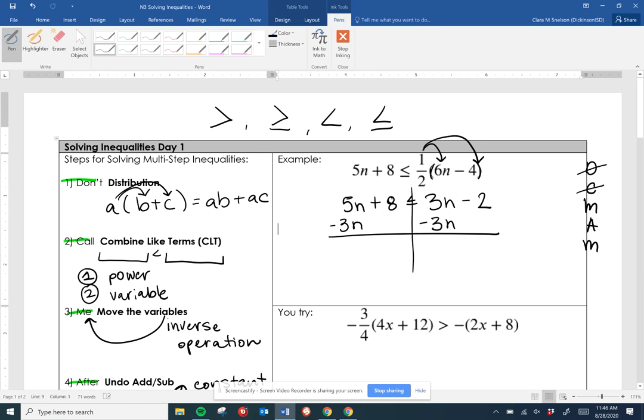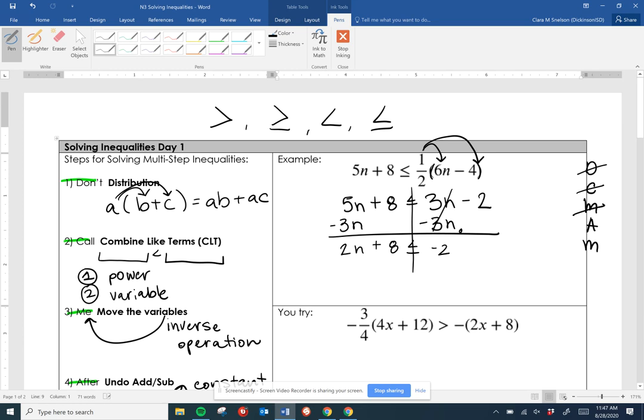And I'm going to draw my line to make sure that I'm doing it on both sides of the inequality. 5n minus 3n is 2n. Then we drop down our plus 8 is less than or equal to 3n minus 3n is 0. So that is going to cancel out, and we have left this -2. We have to make sure that we drop down that negative. It doesn't go away just because the n's go away.